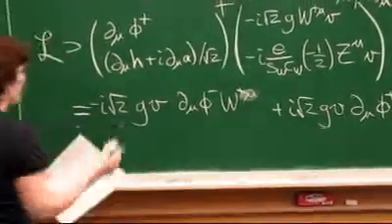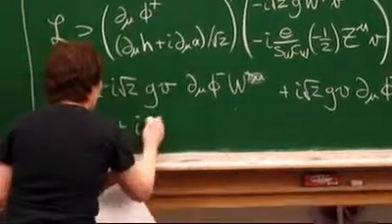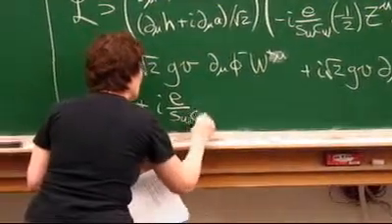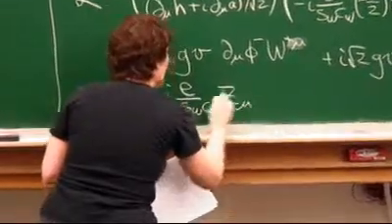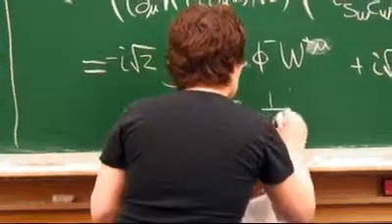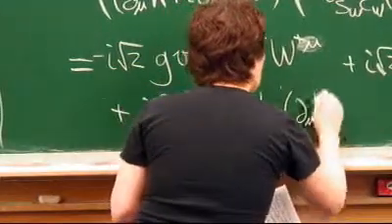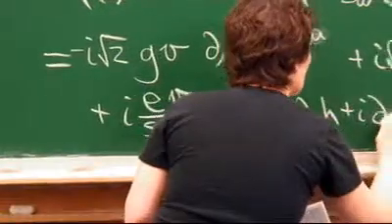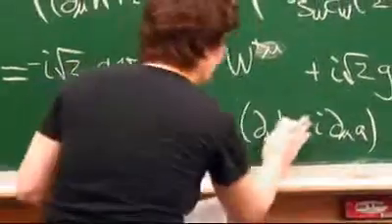Okay, and then from the neutral parts there are two terms as well. 1 over root 2 d mu h plus i d mu a, minus, sorry, because of the Hermitian conjugation.